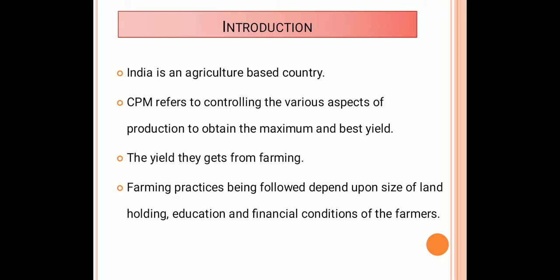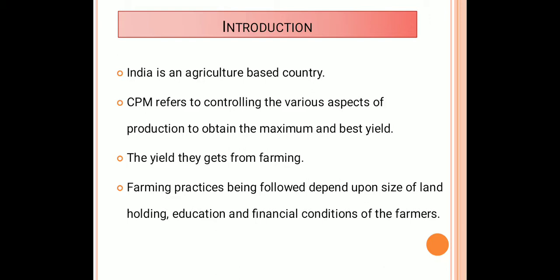Normally there is a correlation between the economic condition of the farmer, their access to information and communication technology, and the yield they get from farming. The farming practices being followed depend upon the size of the land holding, education and financial conditions of the farmers.